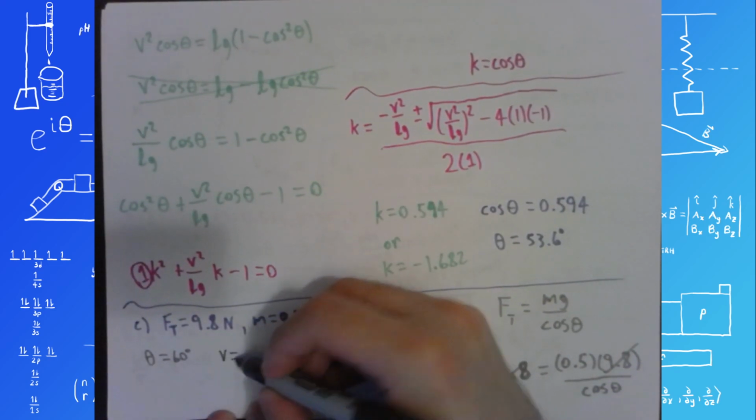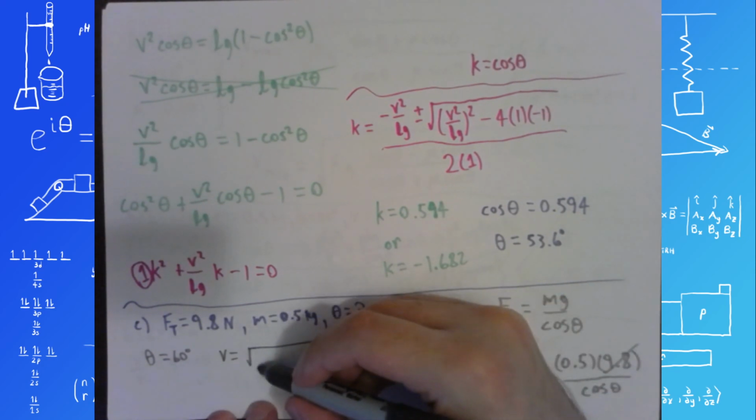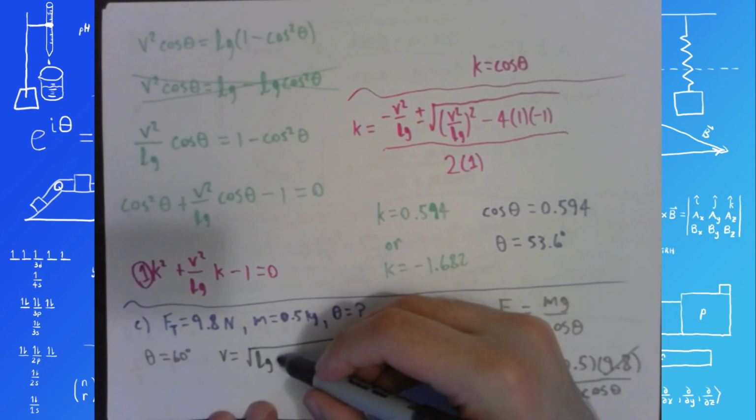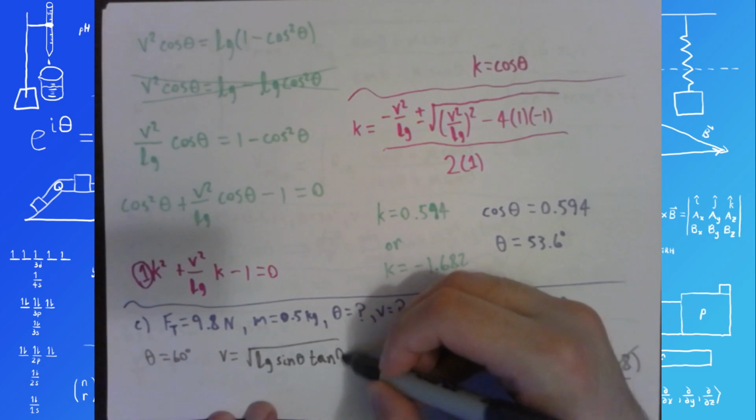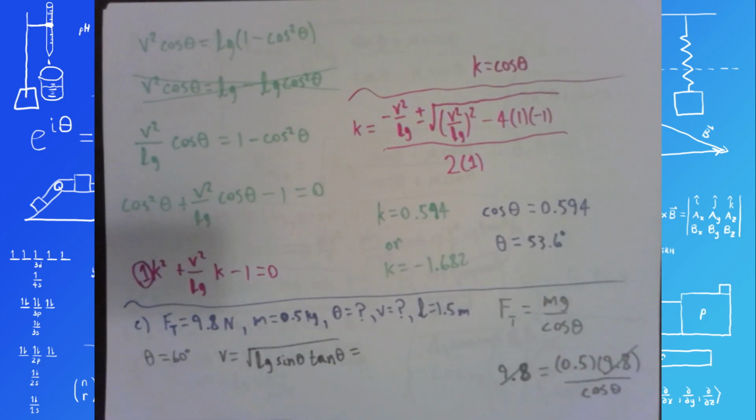So V equals square root of LG sine theta tan theta, equals square root of 1.5 times 9.8 times sine of 60 times tan of 60, is about 4.6957. I'll say 4.70.